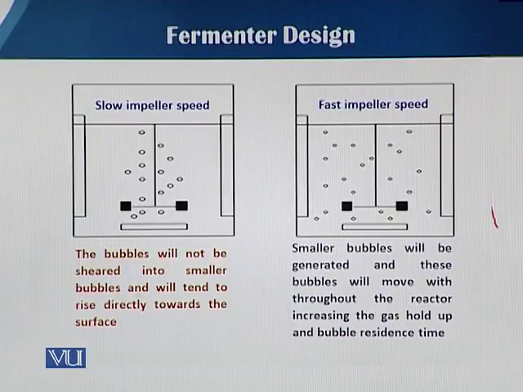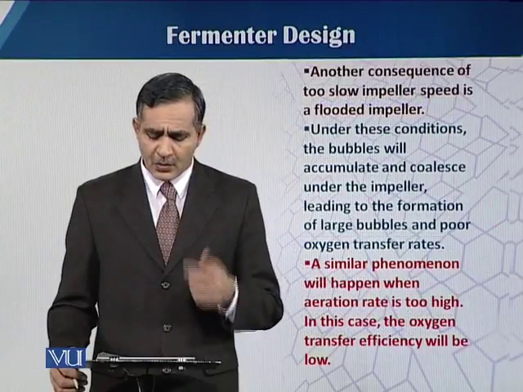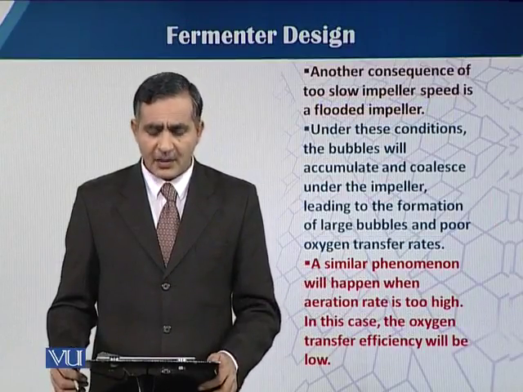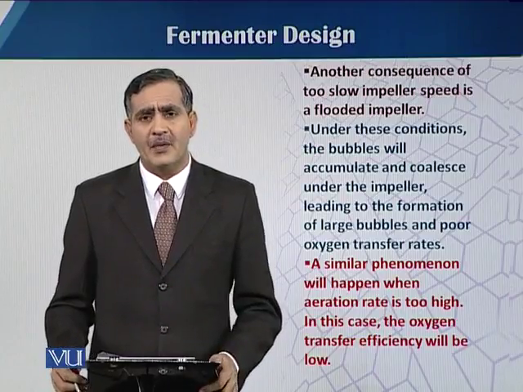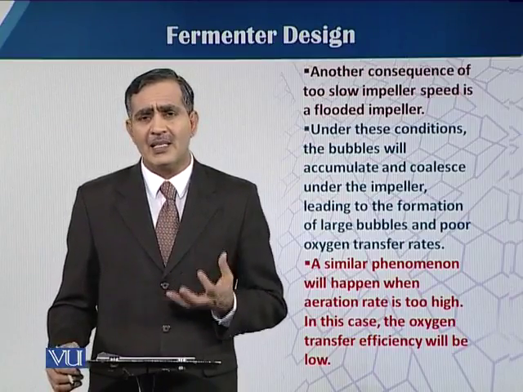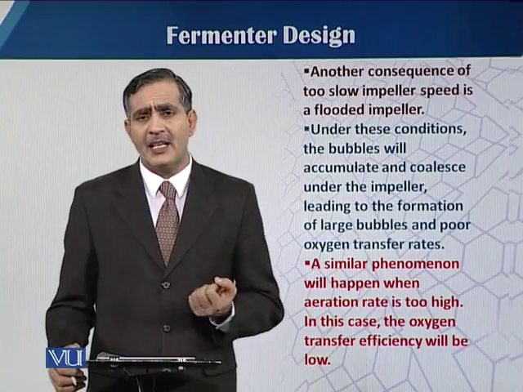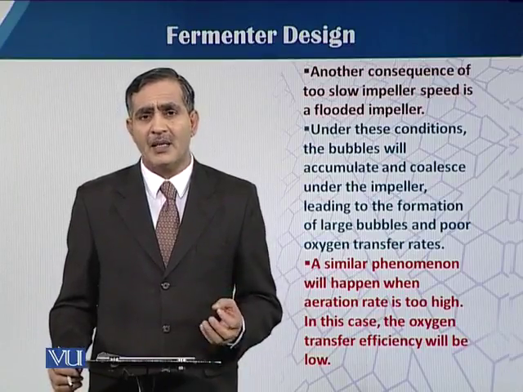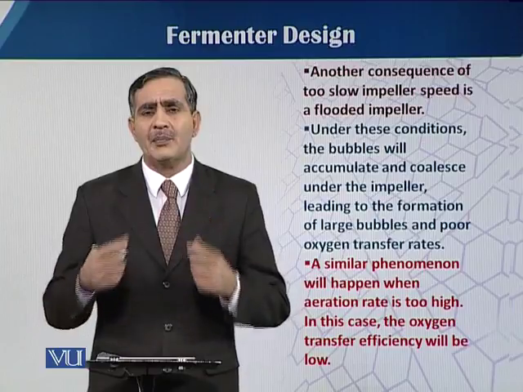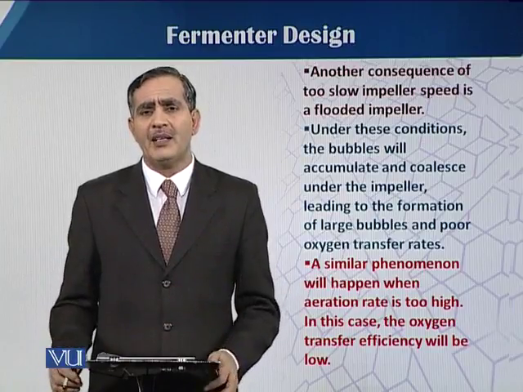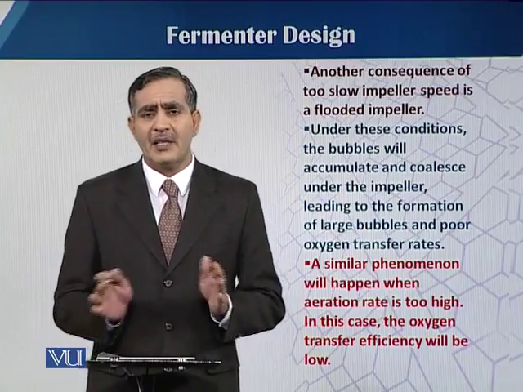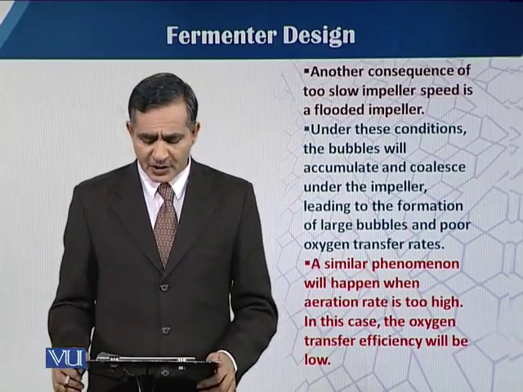Another consequence of too slow an impeller speed is flooded impellers. When the speed is slow, there is a flood of air bubbles and a column of air is produced, which also gives less chance of contact between the air bubbles and the fermentation medium.